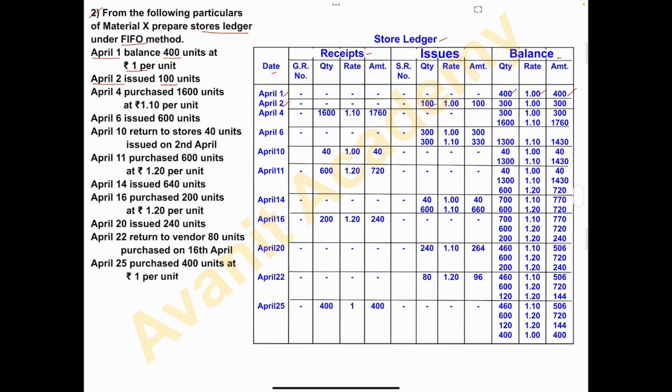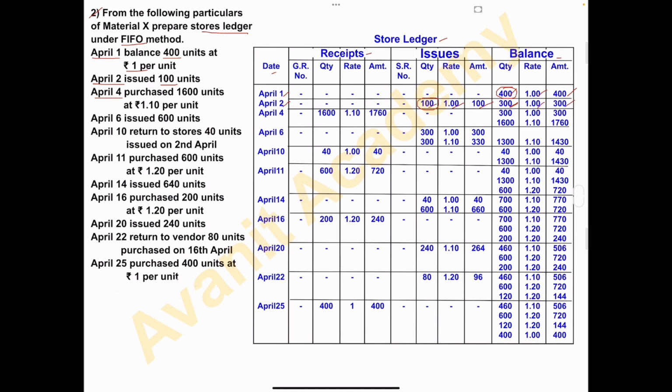The rate, see in the balance, is rupee 1. In issues, write rate rupee 1 and amount will be 100 rupees. From this 400 minus the number of units issued, that is 100, the remaining balance you have to write in the balance column, quantity 300 units, and the rate will be the same, rupee 1, and the amount is 300.